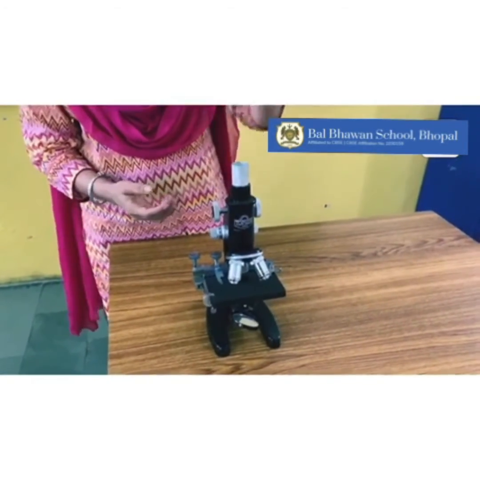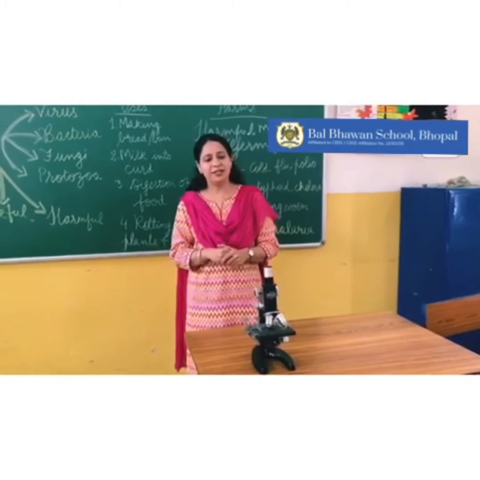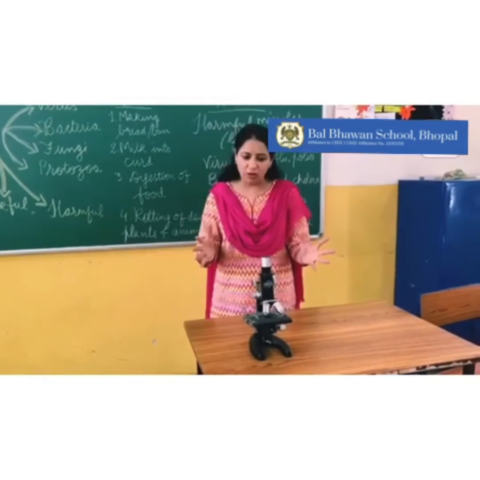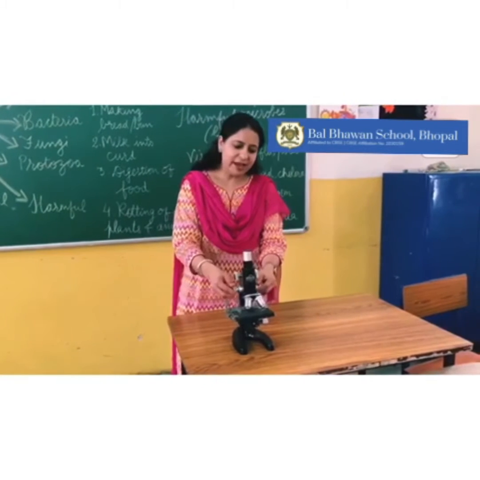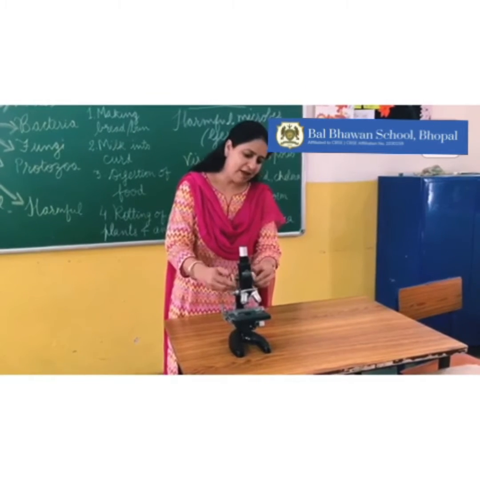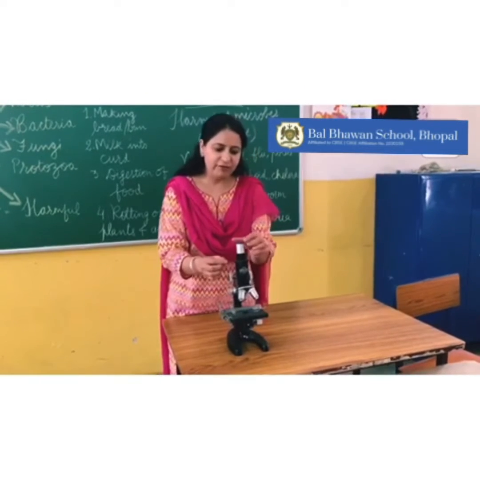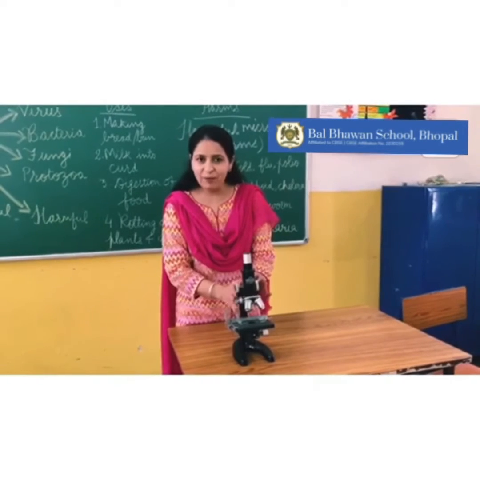Now this microscope has a lens here. Magnification of the object means it enlarges the object. When the slide is kept here, it can magnify the object. We can adjust it like this, and we put the slide over here and watch it from this eye. Then we see the microbes with the help of this instrument.